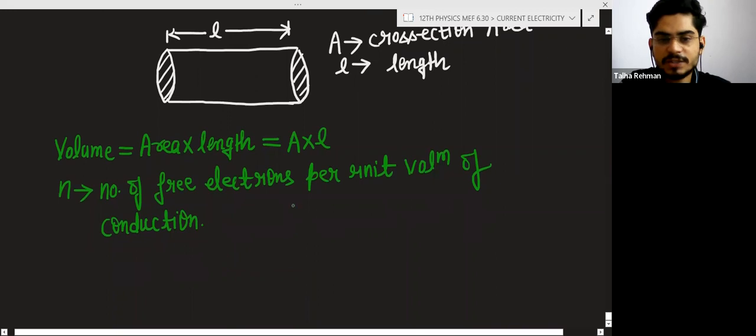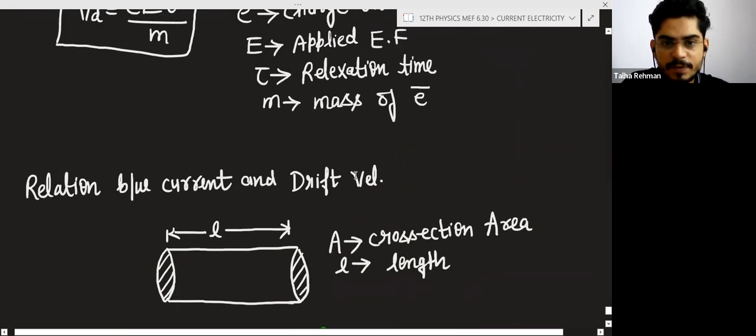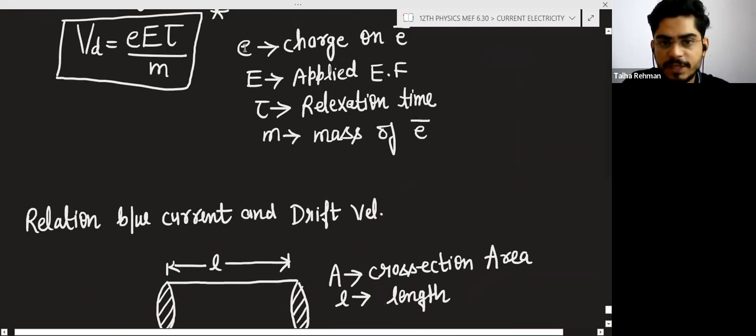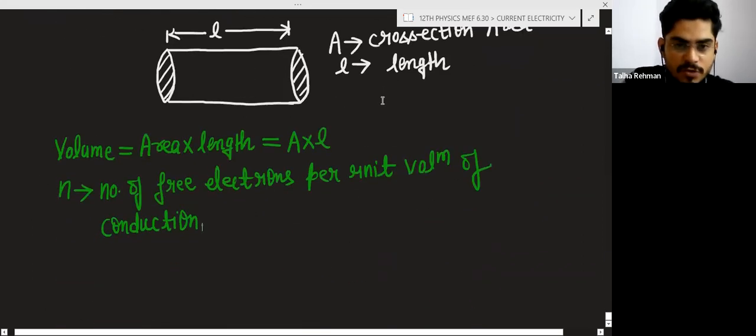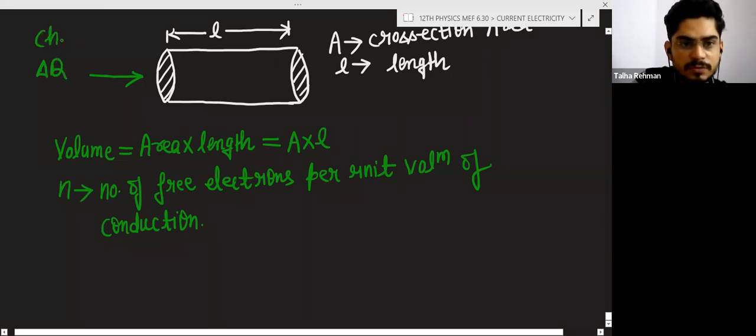And we know that charge on electron is this. I have represented charge on electron as e. So suppose from this cross section delta Q charge is flowing in delta T time.